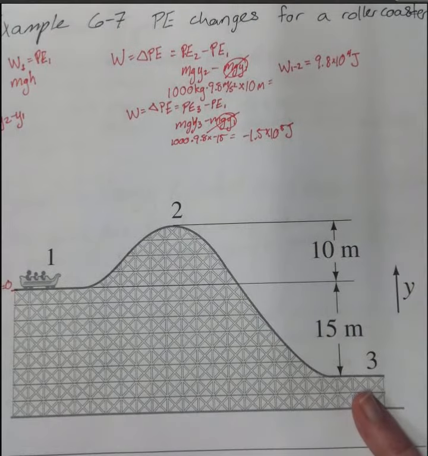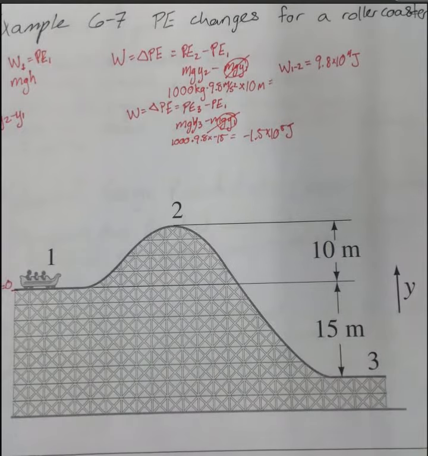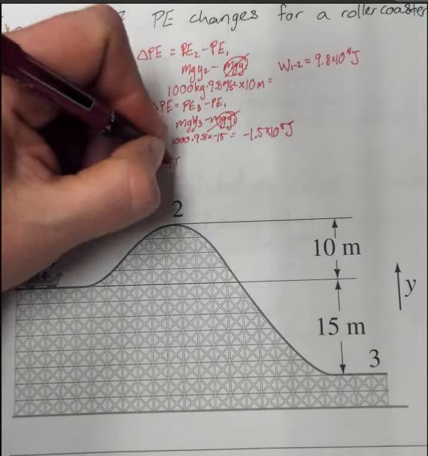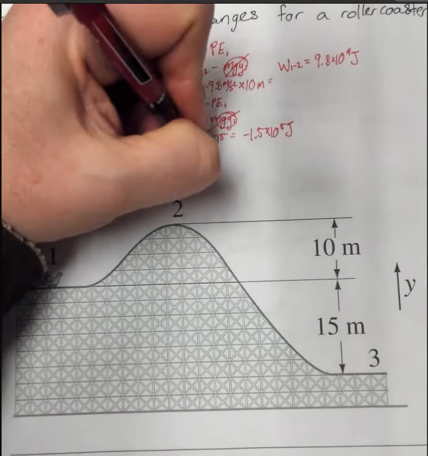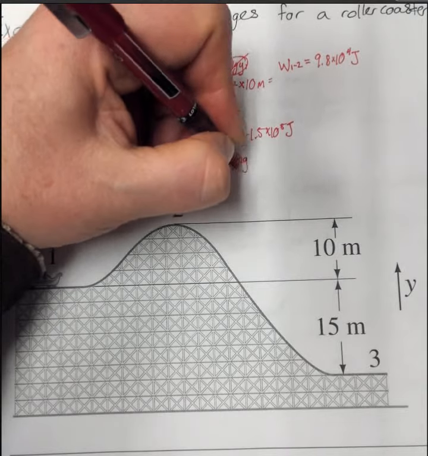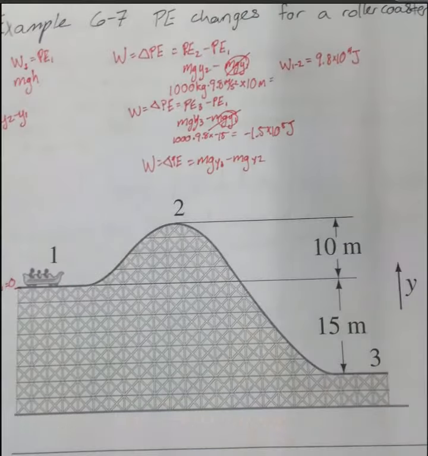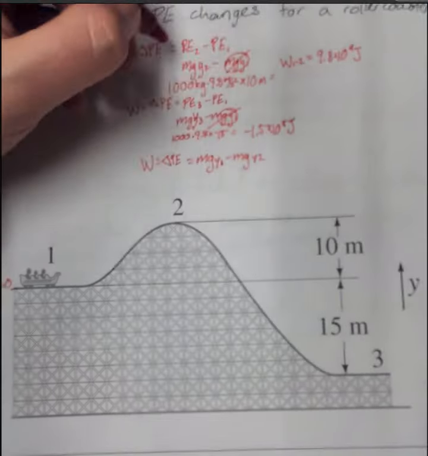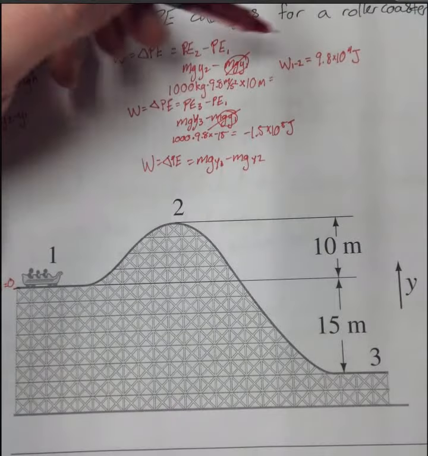And now we can calculate the change in potential energy from point 2 to point 3. Alright, so now we can do work equals change in potential energy, and that's going to be mgy3 minus mgy2. Now we've got a positive 10 and a negative 15, so I have mgy3 and mgy2 here.